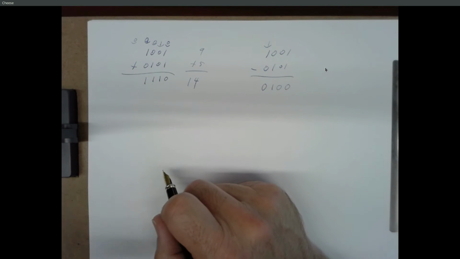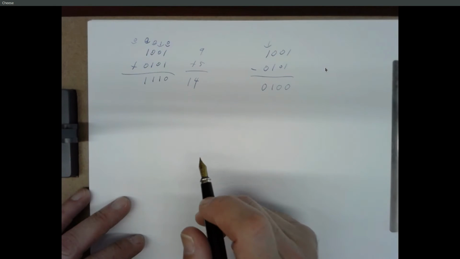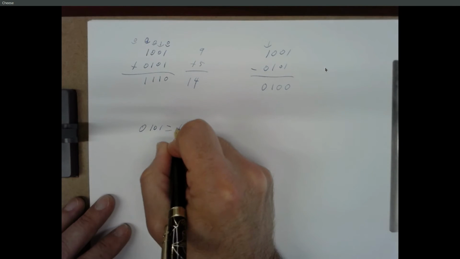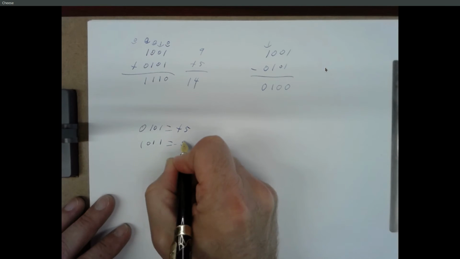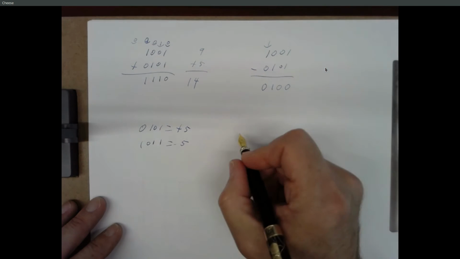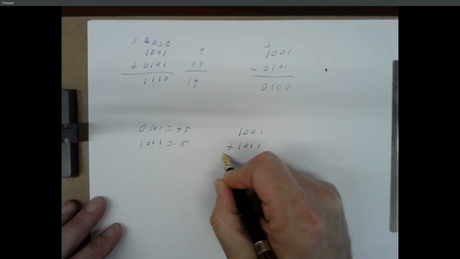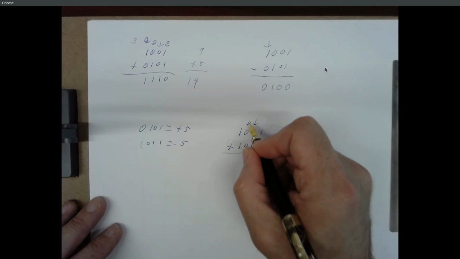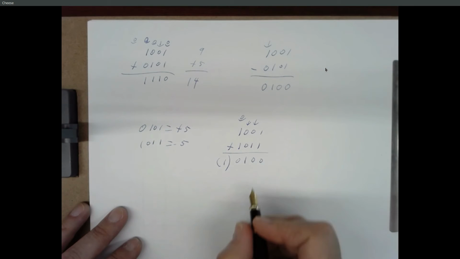But subtraction feels harder to me, right? It felt harder in school. You can build a circuit to do this pretty easily. But the alternative, this is positive 5. This is negative 5, 2's complement. And if you do 1, 0, 0, 1, and you add negative 5, 1 and 1 is 0, carry the 1, 1 plus 0 is 1, 0 plus 1 is 1, 1 plus 1 is 0, with an extra 1 at the end.